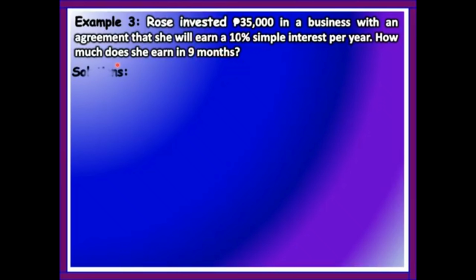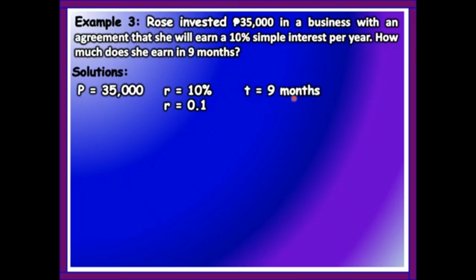So for our solution, let us start with identifying the given here. So our 35,000 is your principal amount. We have 10% simple interest, so that is your rate, 10%, or in decimal, 0.1 or 1/10. Next is our term is 9 months.